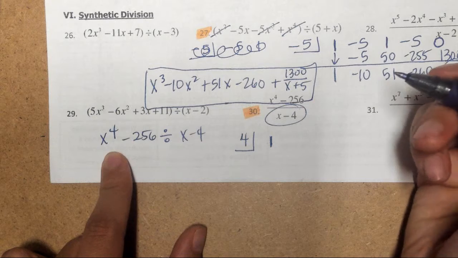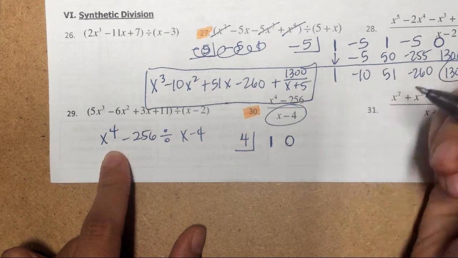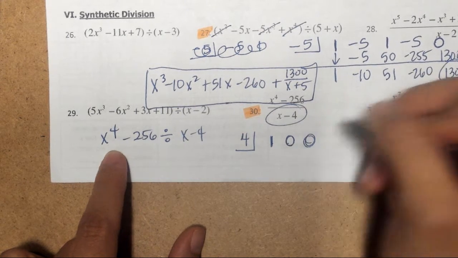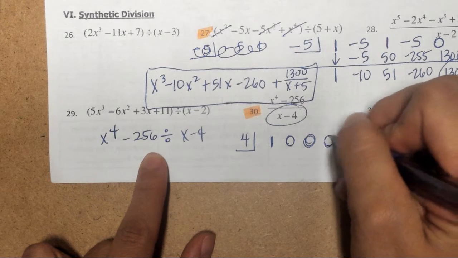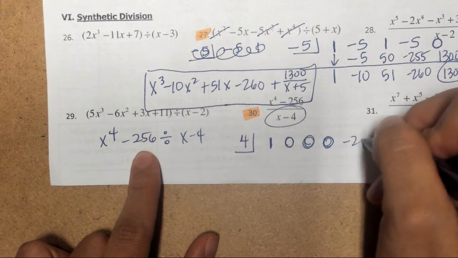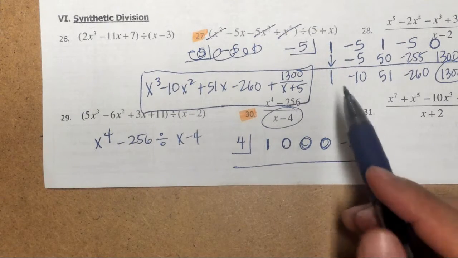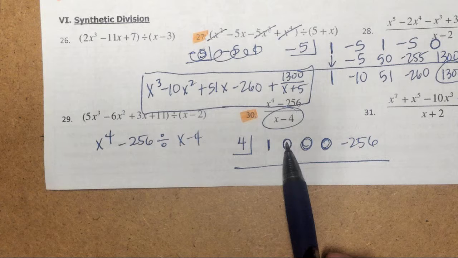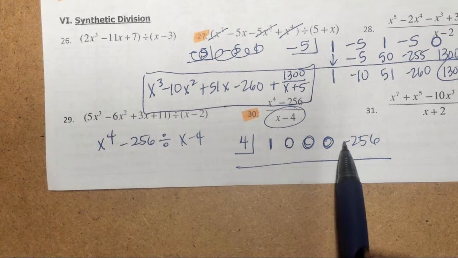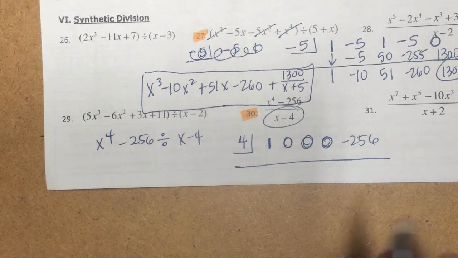There's no x to the 3rd, so that's 0. There's no x squared, that's 0. There's no x, that's 0. Then your number by itself is -256. Draw the line. Double check. So I have x to the 4th, x to the 3rd, x squared, x, and then my number. Always just, guys, double check to make sure you have all the right placeholders.